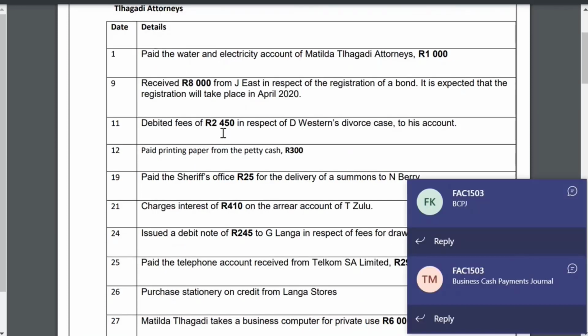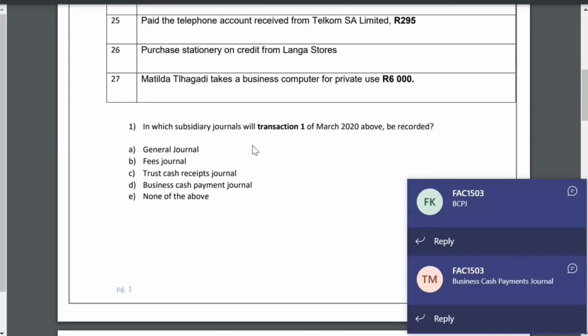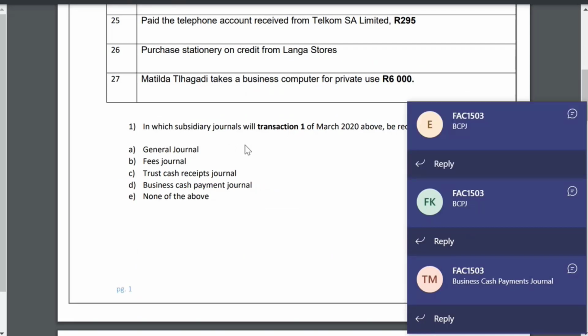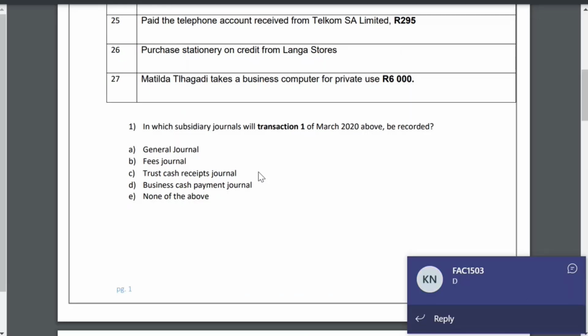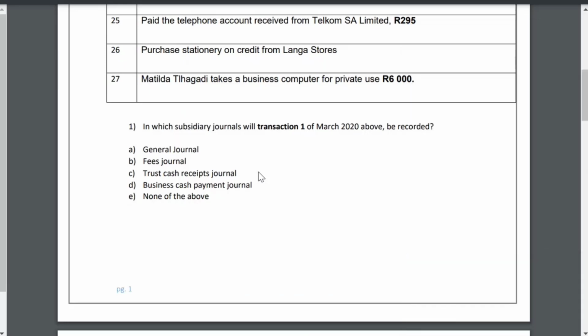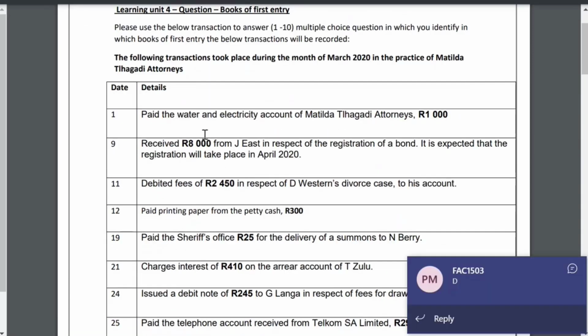So transaction number 1, is it A, B, C, D, or E? Business Cash Payment Journal is D. I can see Tepiso saying D, Faith D, Alicia D, and Karabo is D. Well done, guys. The answer is D.